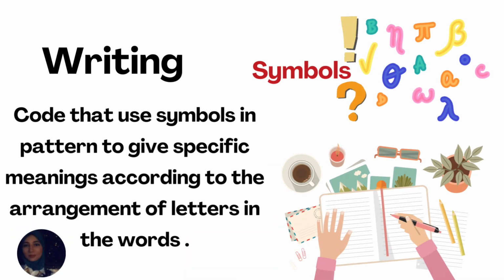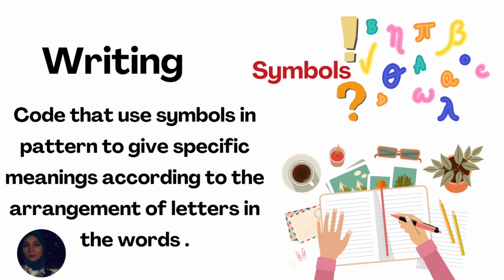An example for codes is writing. Writing uses symbols as codes. What is the meaning of symbols? Like letters, numbers, full stop, exclamation mark, question mark. All of these are symbols that we put in a specific arrangement and it gives us meaning.